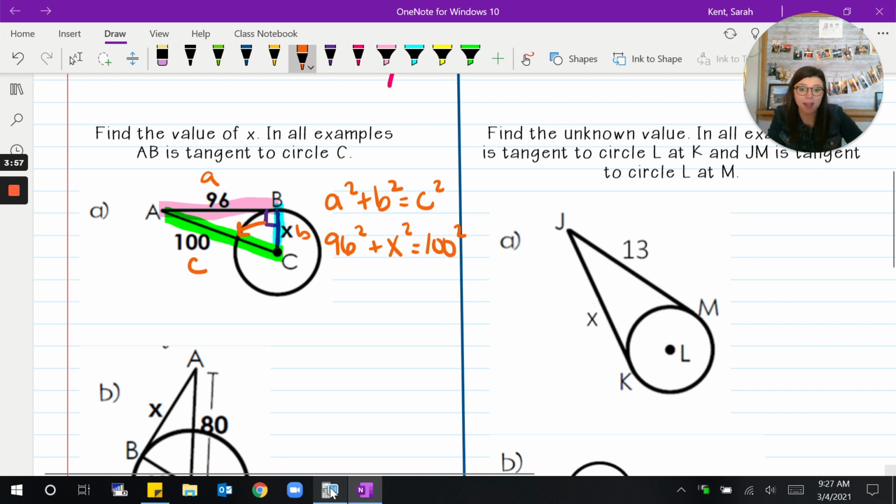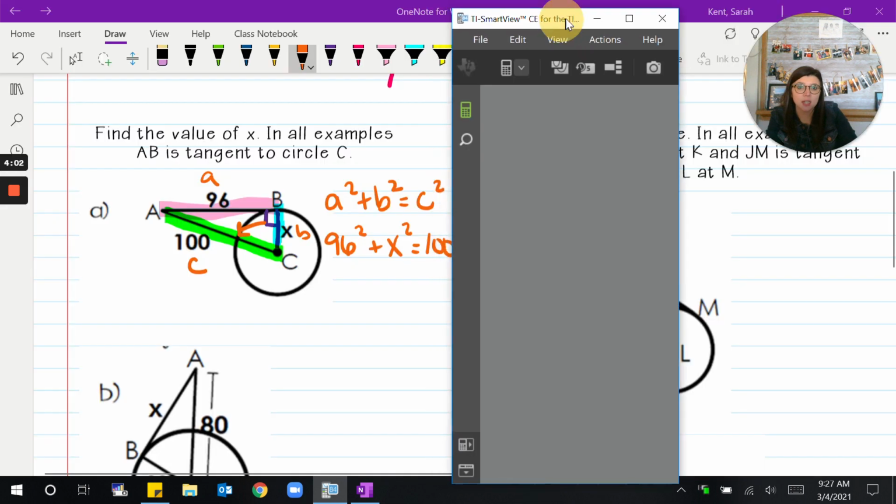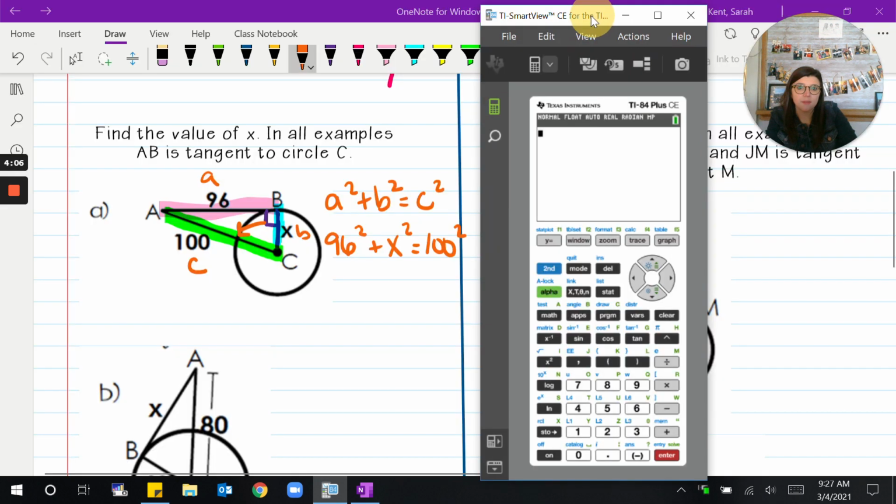And then I can go back and use my calculator, just like we did earlier this semester. Okay, so we can go math up, enter, and we can use the equation solver. So I can type in 96 squared plus x squared, and then in E2, I can put 100 squared.